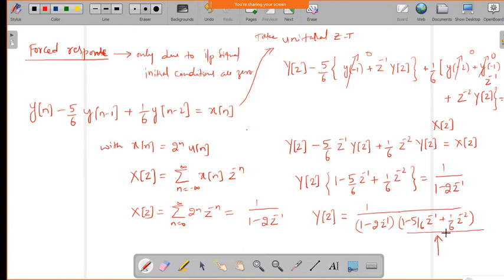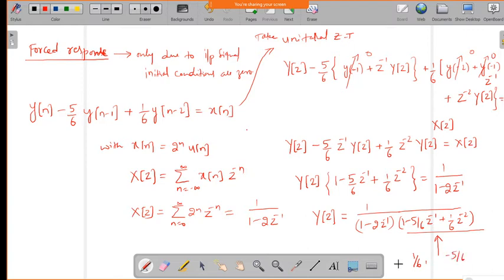Then you can use the partial fraction expansion method to find the values of k1, k2, k3, and get back y of n, the forced response. Find the roots of this system: the product should be plus 1 by 6 and the sum should be minus 5 by 6.